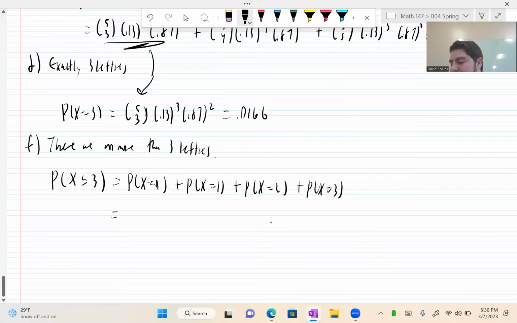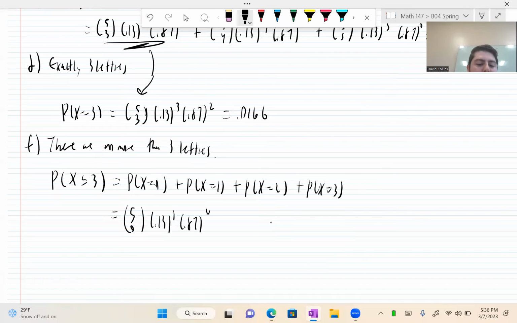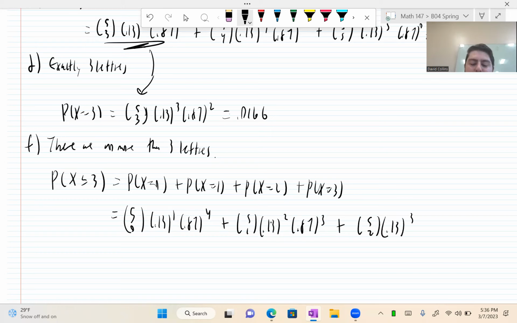Now, this would just be 5 choose 0, 0.13 to the 1, 0.87 to the 4, plus 5 choose 1, 0.13 to the 2, 0.87 to the 3, plus 5 choose 2, 0.13 to the 3.